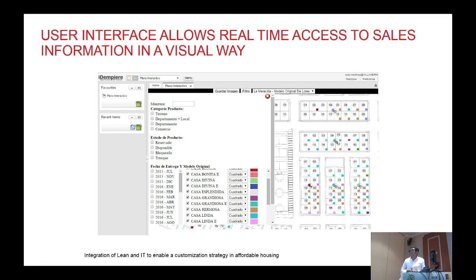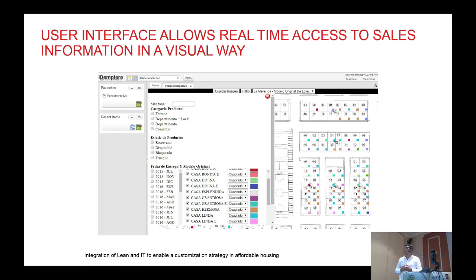This is a screenshot of the user interface. As you can see on your right side, you can see the different plots with the corresponding number and different colors inside. On the left, you are able to see the legend of this coding, which means what are the different housing models that are anchored to the different plots.